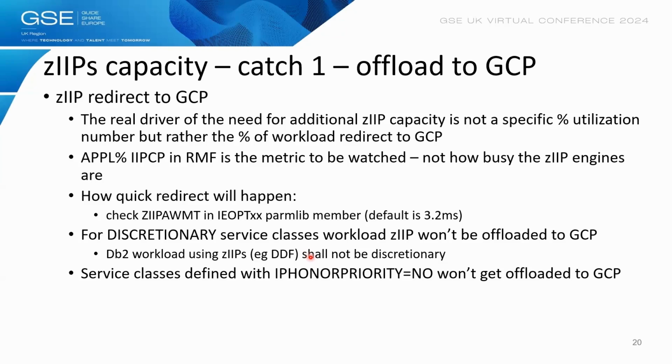So that's why we don't advise Db2 workload using service classes that are discretionary, because if they get stuck, they won't be calling for any help. They will basically be waiting for zIPs to be available again. The same applies for the service classes which are defined with IIP honor priority set to no on the service class level. They won't get offloaded to general CP. Again, for Db2, we don't recommend it at all.